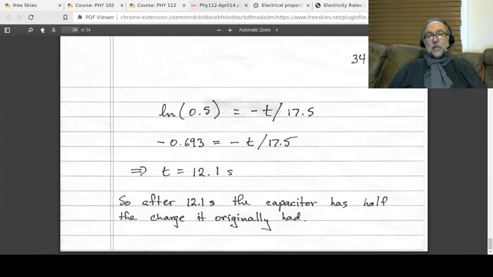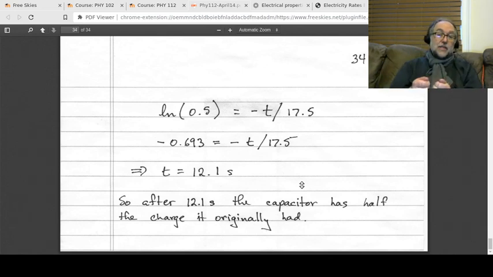Now, the natural log of any number less than 1 is negative. So the natural log of 0.5 is going to be negative 0.693. That's going to equal negative t over 17.5. The negatives cancel. Multiply both sides by 17.5, and you get 12.1 seconds. So whatever that capacitor was charged to, when you flip the switch to position 2, it starts to discharge.